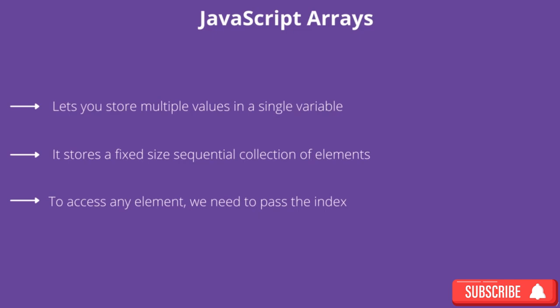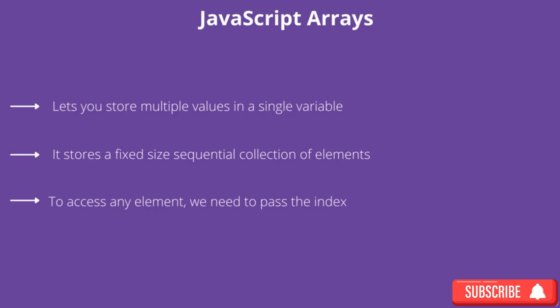And in that particular collection, a number of memory blocks would be defined. How many memory blocks? That we will define while defining the array. That means when we define the array, along with the definition, we will specify the number of blocks which we want, and after that we can start storing the value in each of those element blocks.